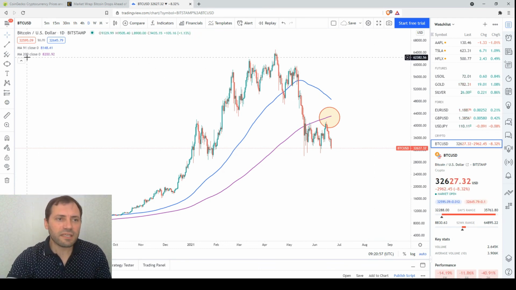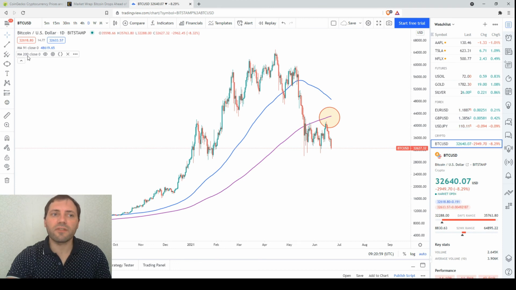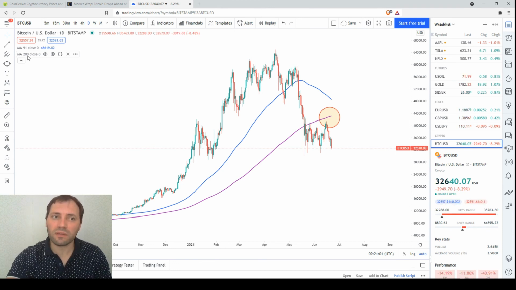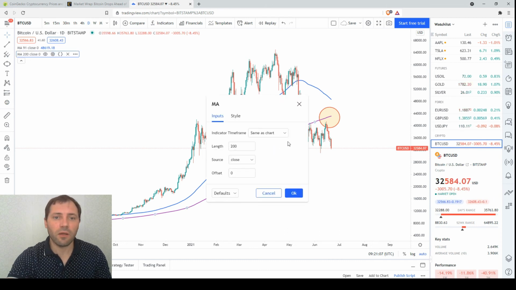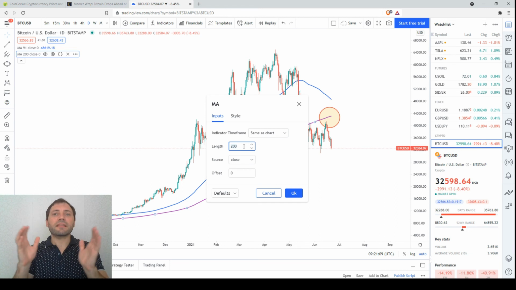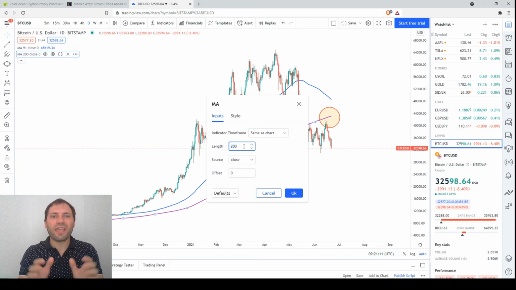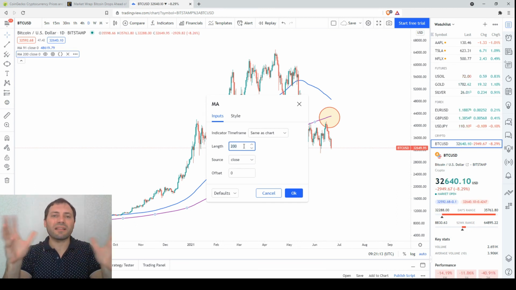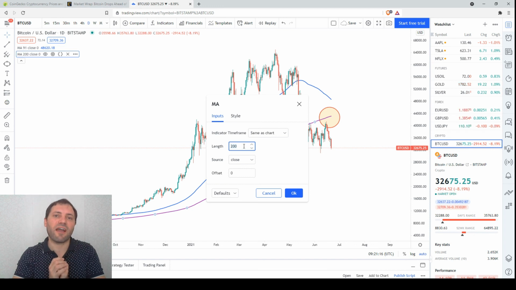Then what is the equivalent of the 3 quarters moving average for the cryptocurrency market in the daily chart? So for the period of 9 months, we have, let's say, 270, 275 working days.